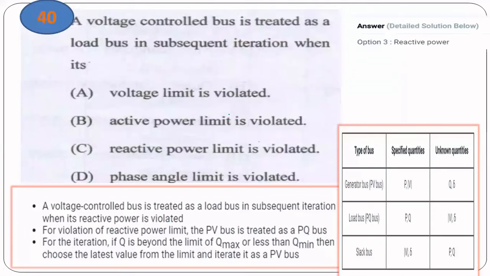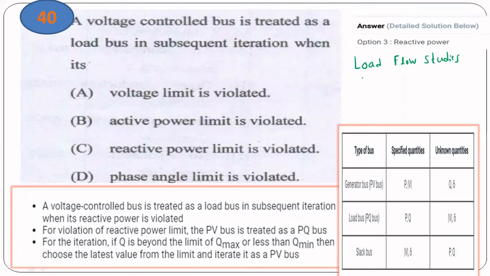Next is: a voltage controlled bus is treated as a load bus in subsequent iteration when. So this question is with respect to load flow studies.